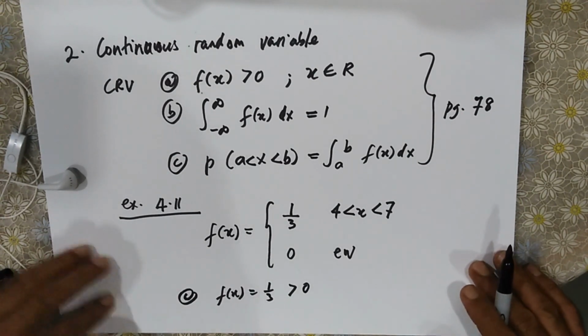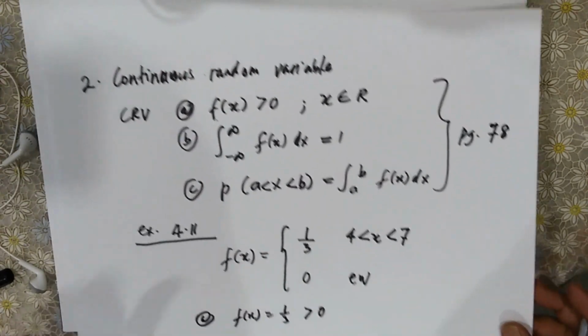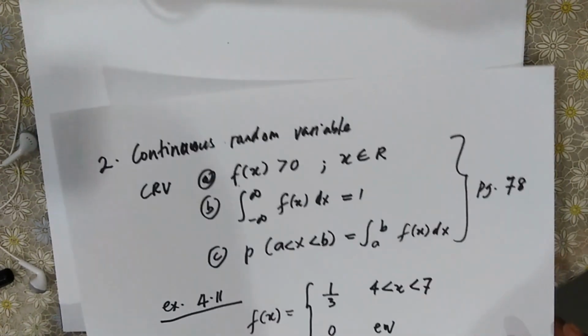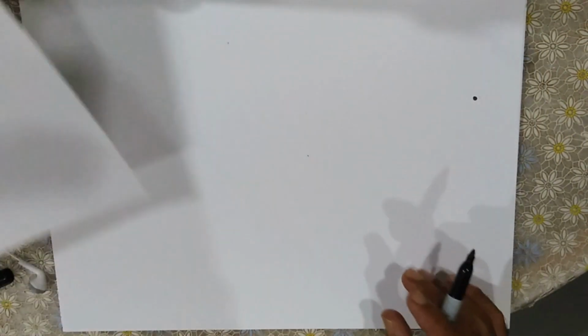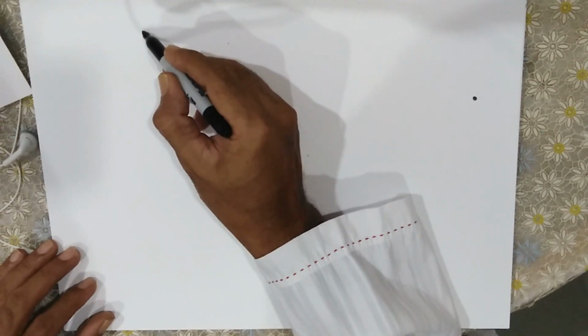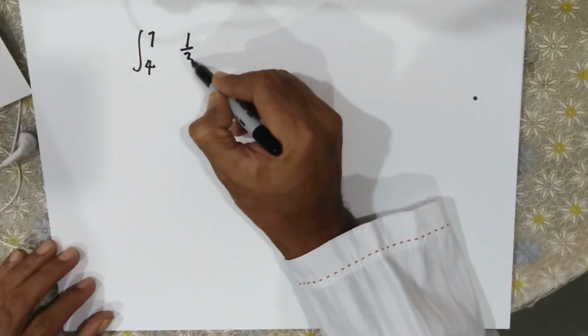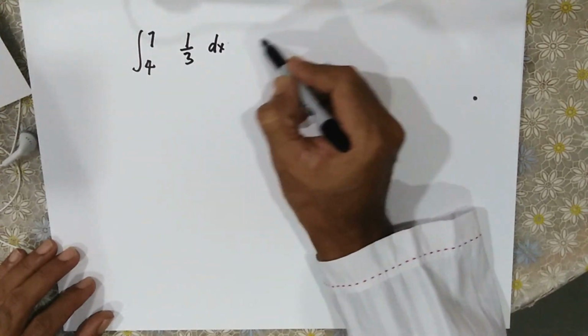And B, we can prove B. If I integrate with limits between 4 and 7, 1 over 3 dx, this will be equal to 1.